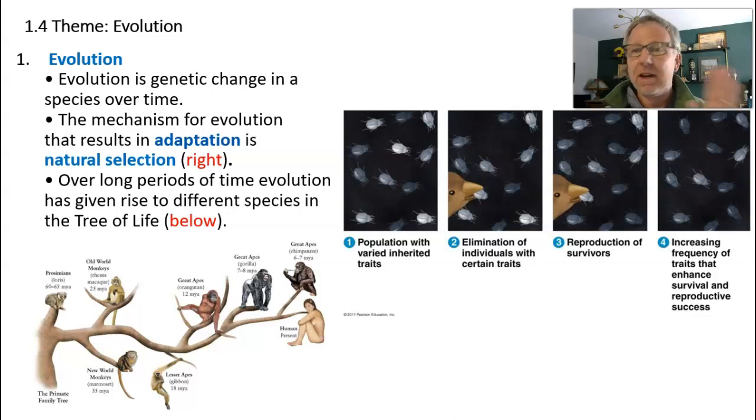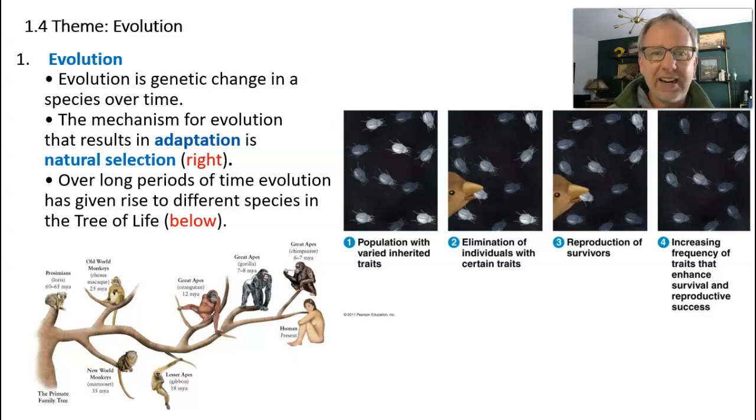Over long periods of time, this kind of adaptation from natural selection can lead to lots of species of primates, like I show at the bottom of the slide, a little tree-like diagram showing how some of the major groups of primates are genetically related.